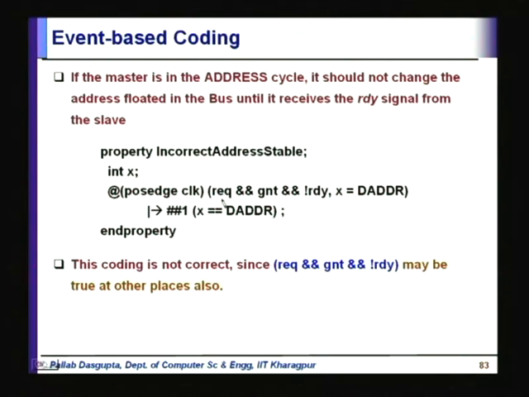At passage clock, request and grant and not ready, and if the address floated is x, then in the next cycle also the address floated must be x. So, here you see x is being assigned, here x is being checked. So, whatever was the address here must be the address here, right, that is what it is checking. Under what condition? Request and grant and not ready.